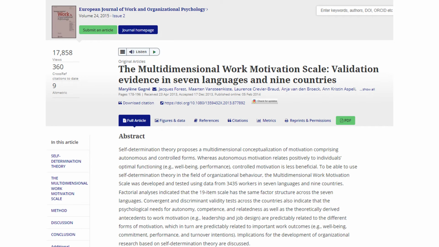In empirical research, the conceptual distinction between identified and integrated regulation is sometimes difficult to capture for measurement purposes. So it is often the case that we only measure identified regulation.